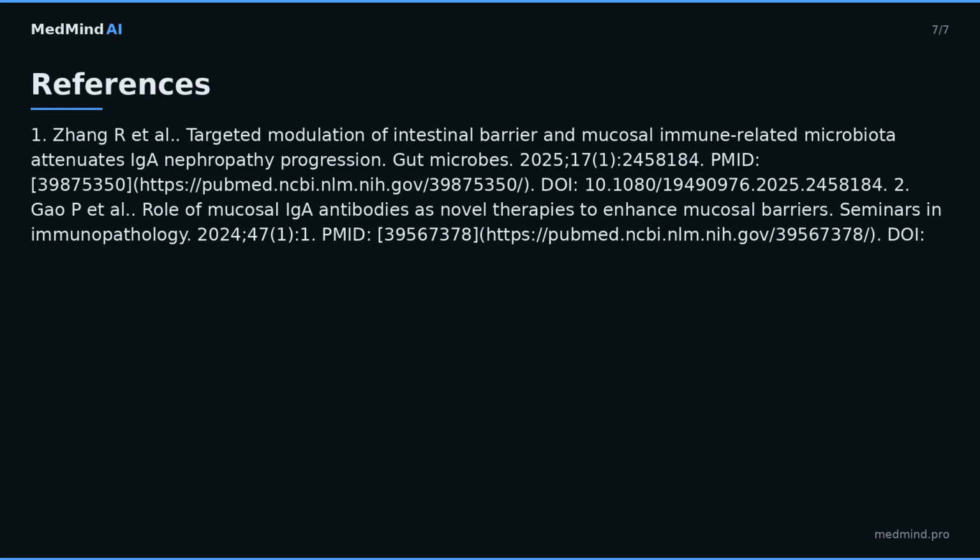Immunological Reviews. 2024, 328, 171-191. PMID 39578936, https://pubmed.ncbi.nlm.nih.gov/39578936. DOI 10.1111/imr.13424. 4. Siniscalco ER et al. Sequential class switching generates antigen-specific gut IgA from IgG1 B cells.